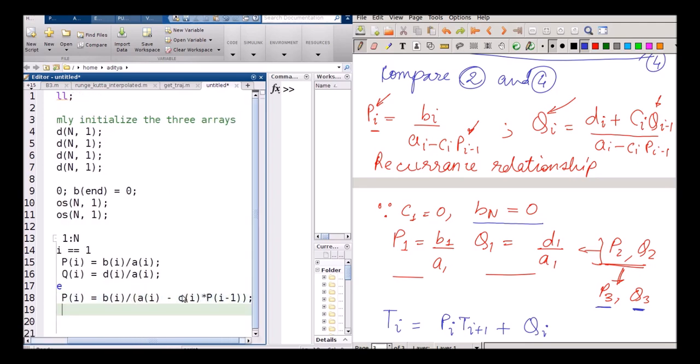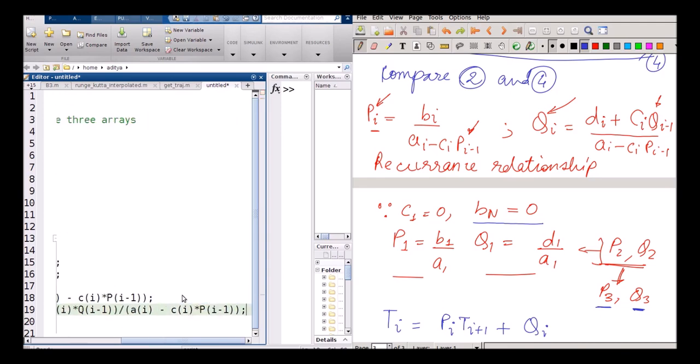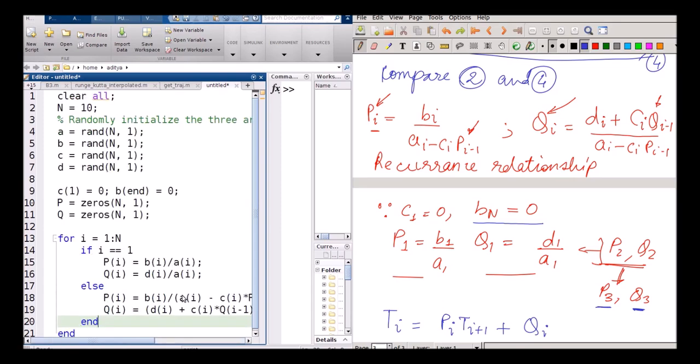Similarly, Qi will be equal to Di plus Ci multiplied by Qi minus 1 divided by this particular denominator, which I'll just copy and paste over here. Very good. So then we have defined the P's and Q's.